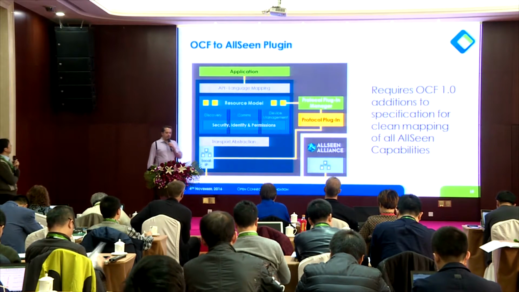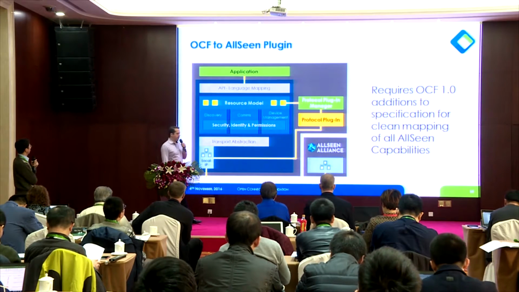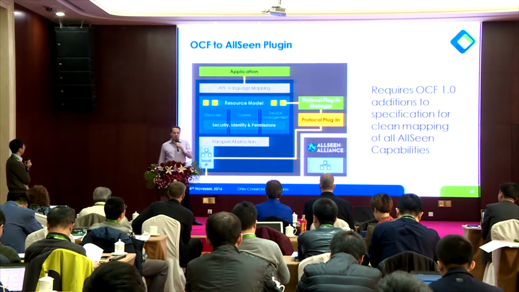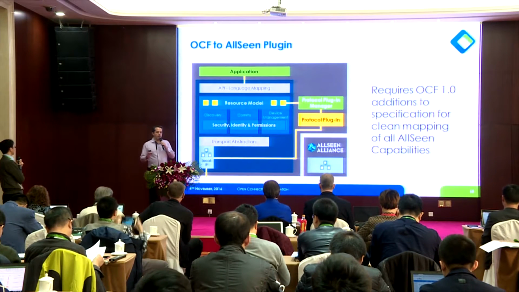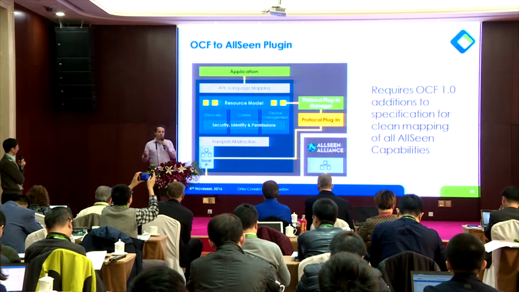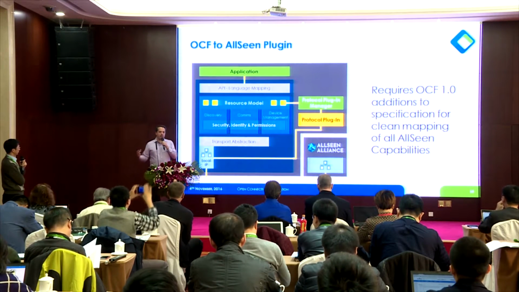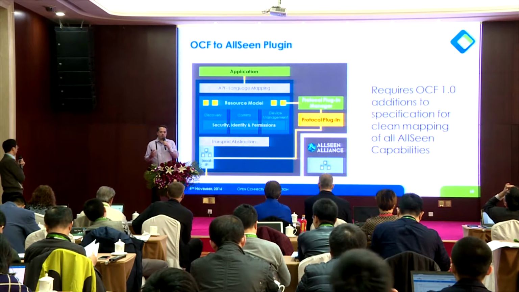So what we will have is an AllSeen protocol plugin that will talk mainly to its local IP networks, and then those will talk to AllSeen devices. Now, we couldn't just take the OIC 1.1 specification and add an AllSeen plugin and have it work well.